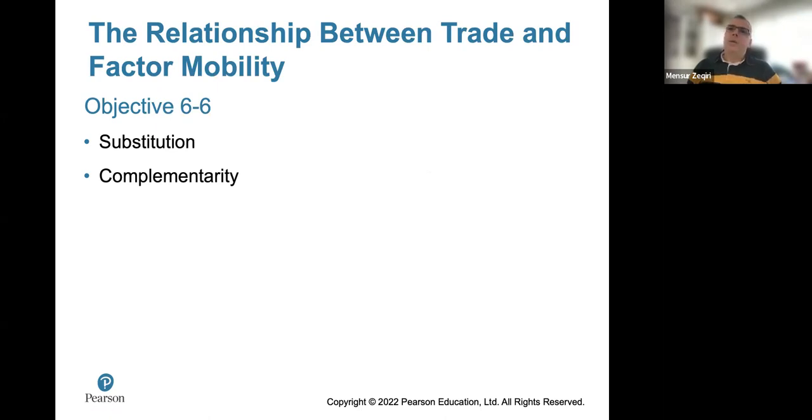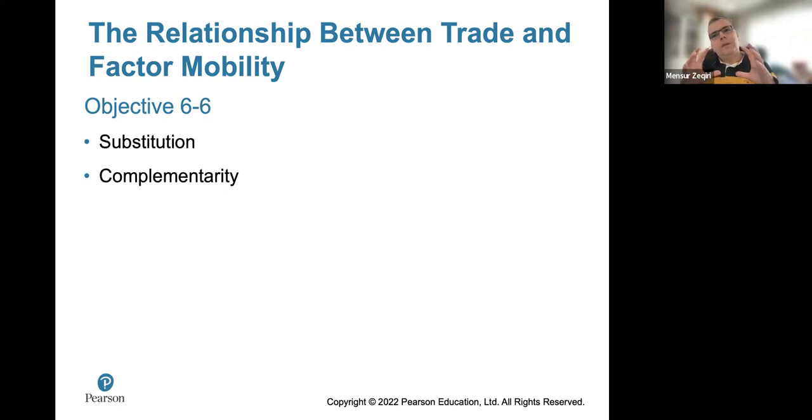Also, when we talk about the relationship between trade and factor mobility, this is something we said we would discuss. It's important to understand how international factor mobility can affect trade, and it can do so through substitution or through complementarity.